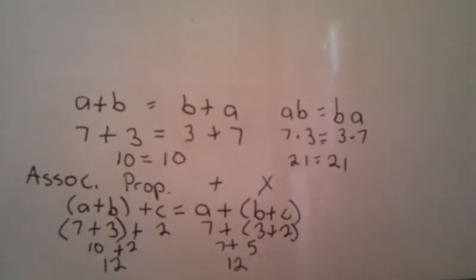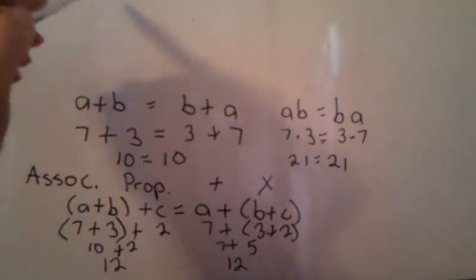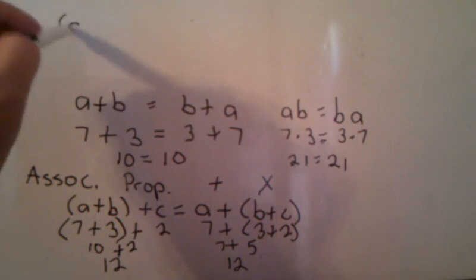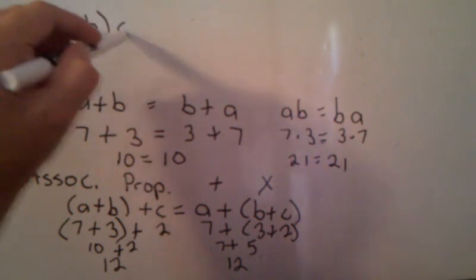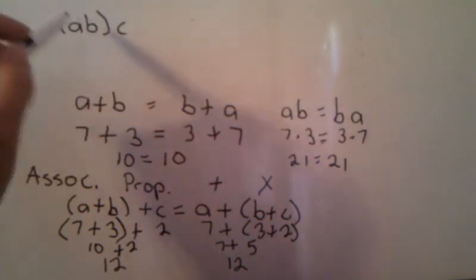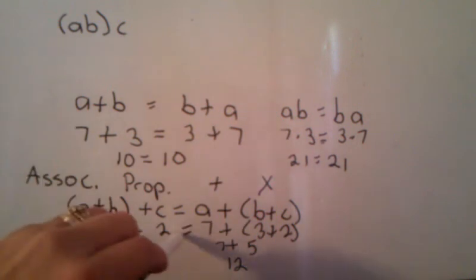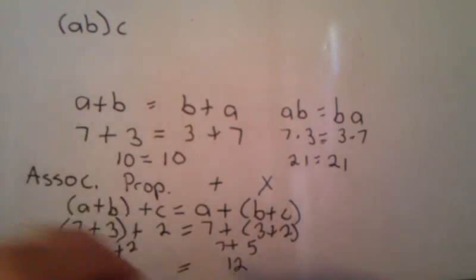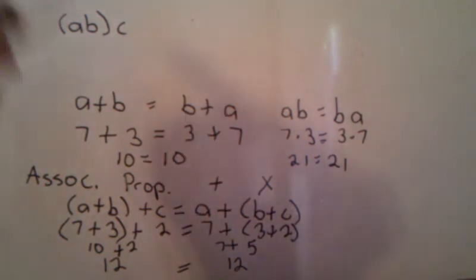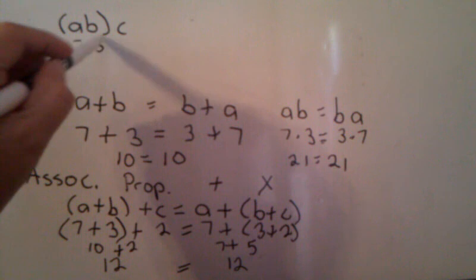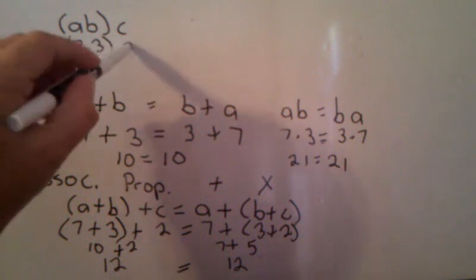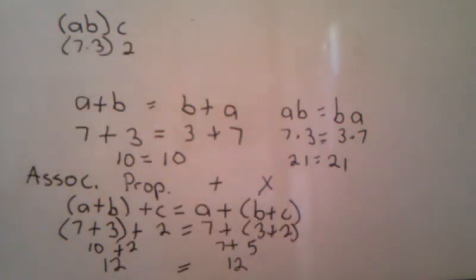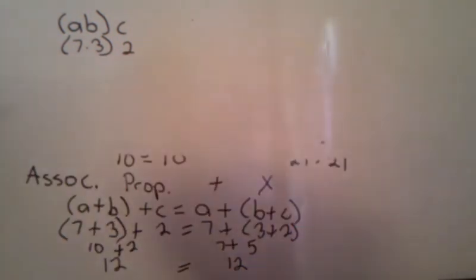Let's say this property says that I can do A times B times C. I forgot my equal sign. And this would say that 7 times 3 times 2. 7 times 3 is 21.